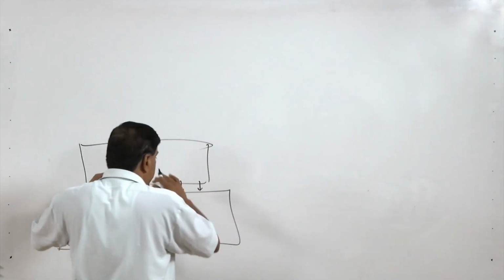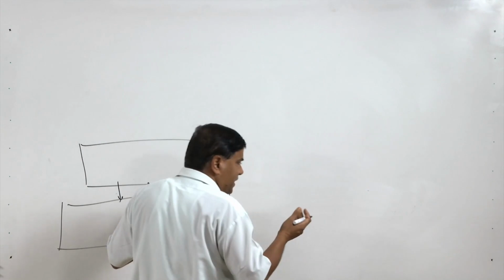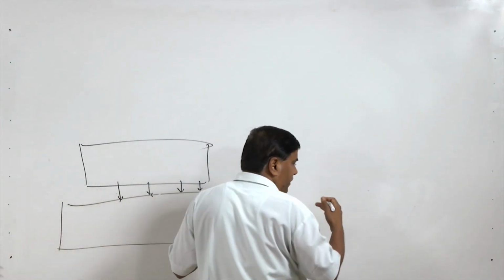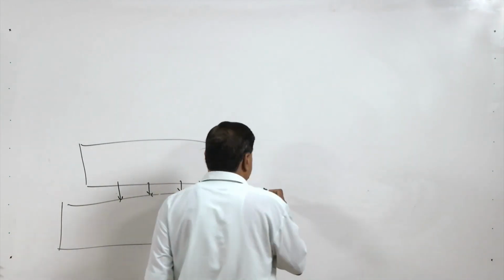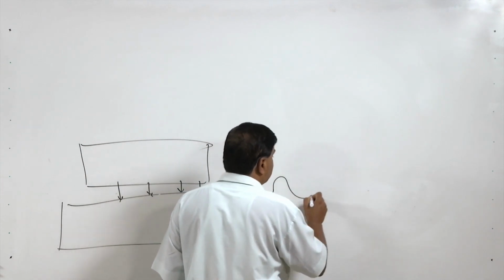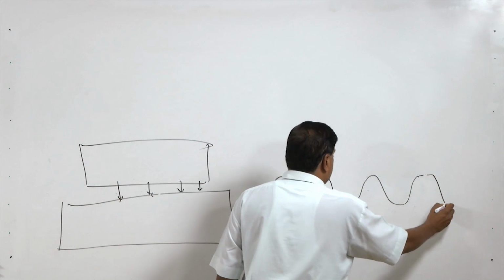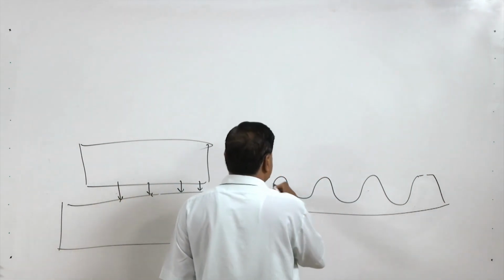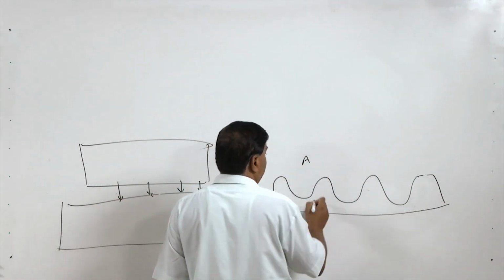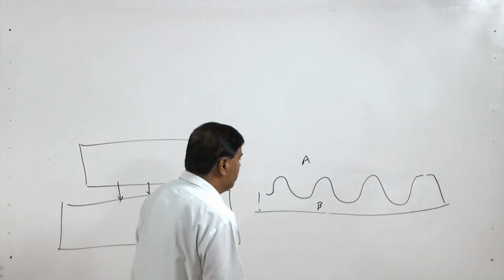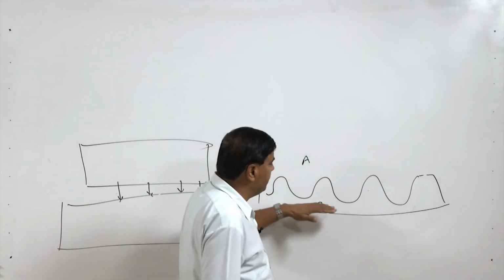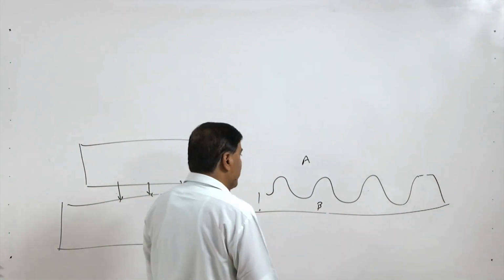After the impact, sufficient heat is generated, and the huge impact causes plastic flow of the material at the interface, which in turn makes the interface wavy in nature like this. This side is A metal and this side is B metal, so A metal penetrates into B and B penetrates into A.